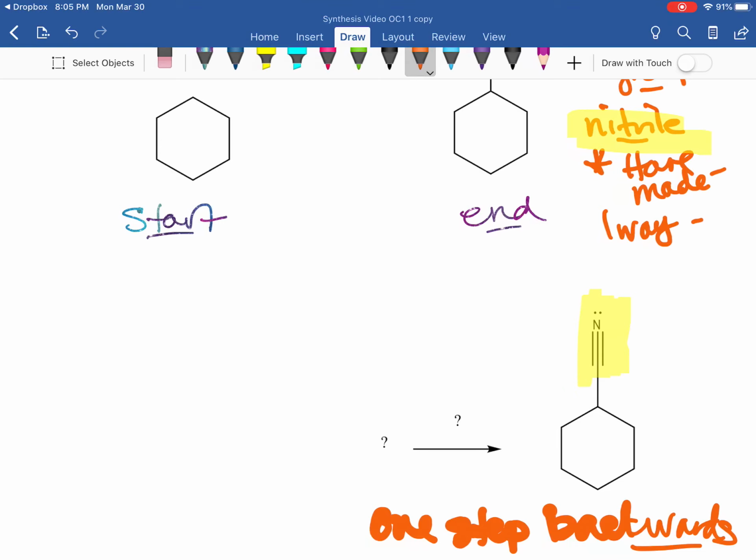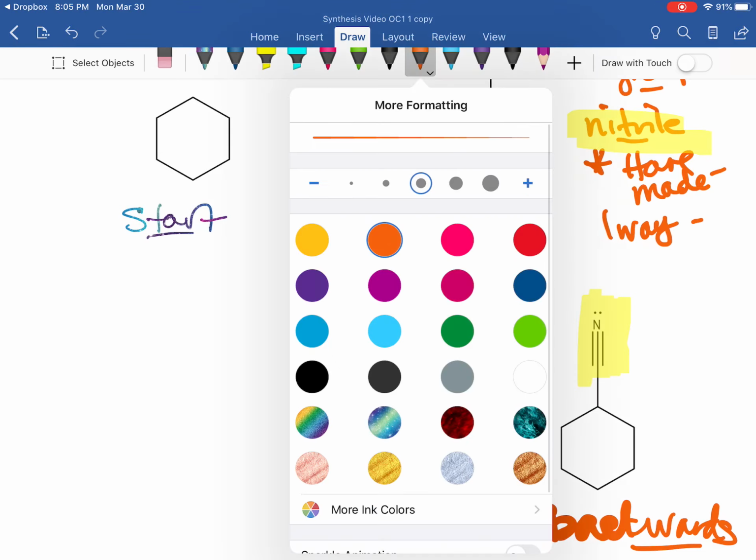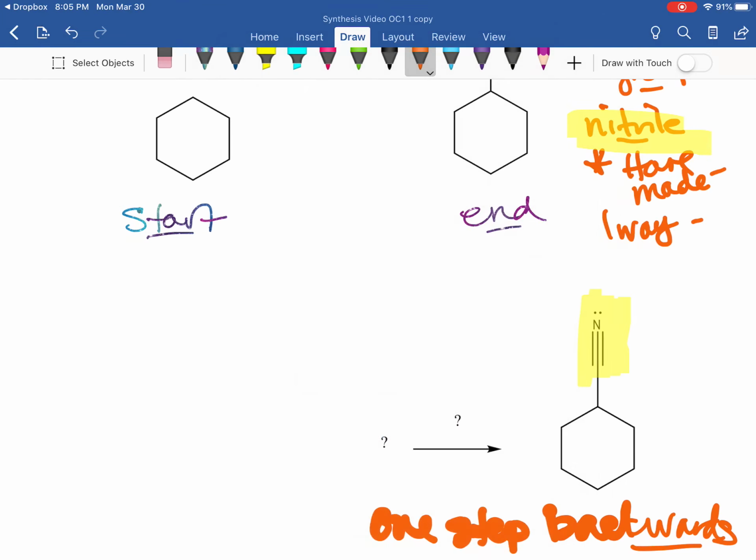And picture this like a fill in the blank, okay? So if we're gonna make a nitrile, where does that nitrile come from? Where have we seen nitriles? They've been in only one type of reaction. If we're moving one step backwards in the unit we just did, let's look at our product.